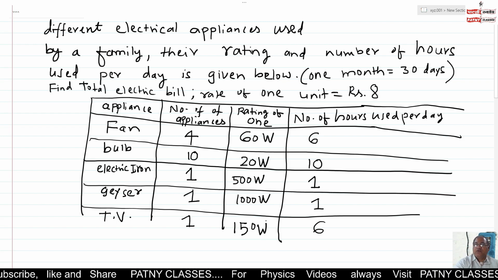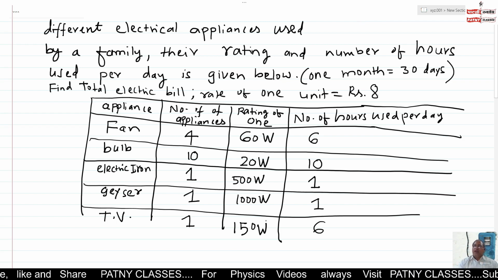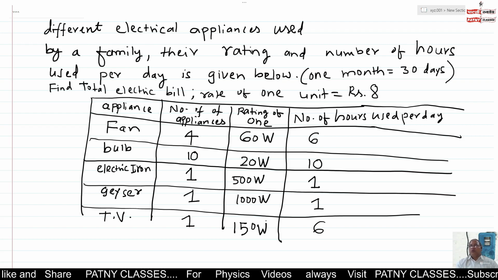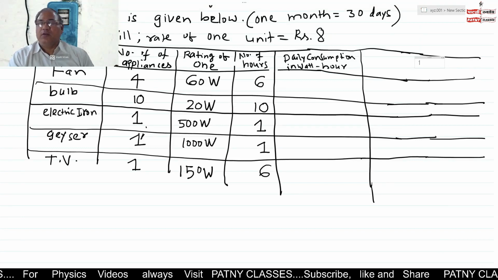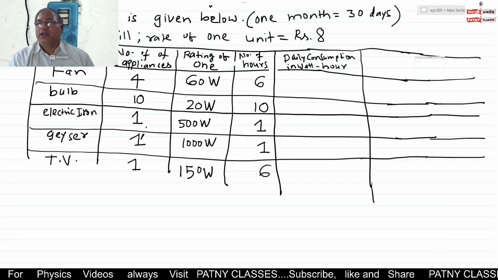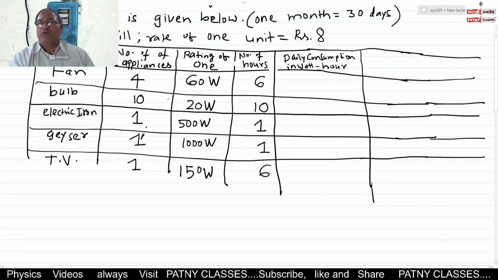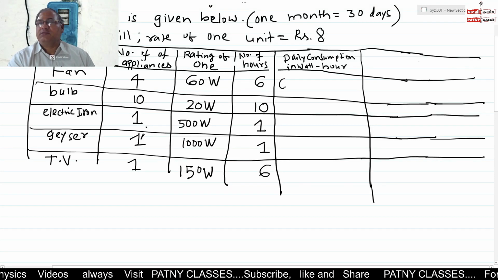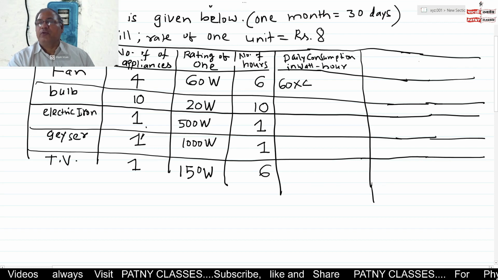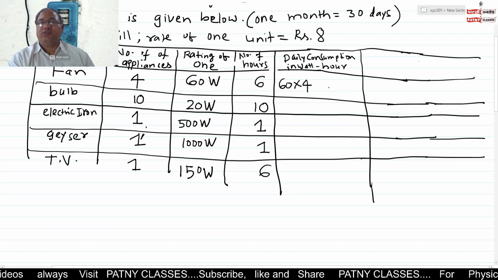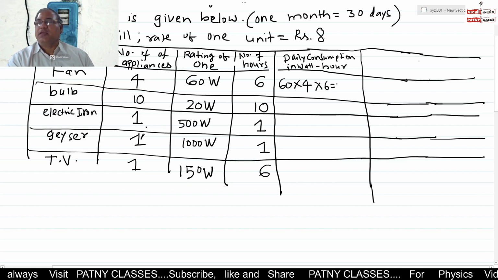So we need to find the total electric bill, and the rate of 1 unit equals rupees 8. Now first of all we will find out the daily consumption in watt hour. For the fan, one fan wattage is 60 watts, number of fans equals 4, and number of hours every day it is utilized equals 6.